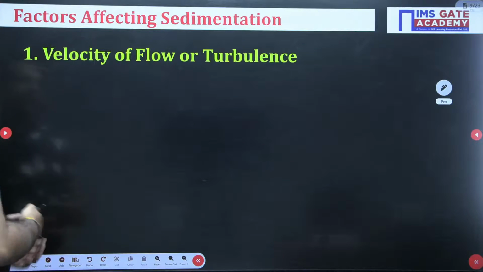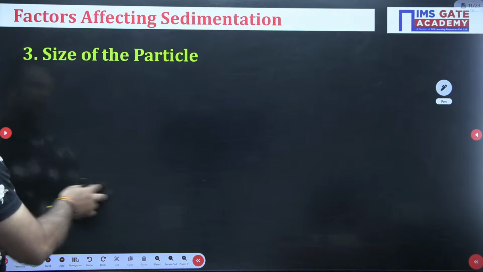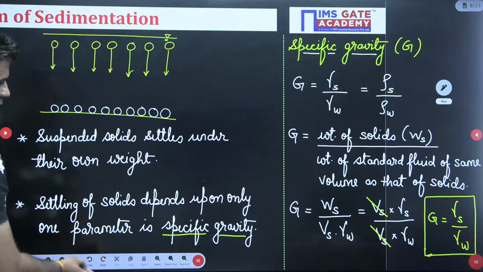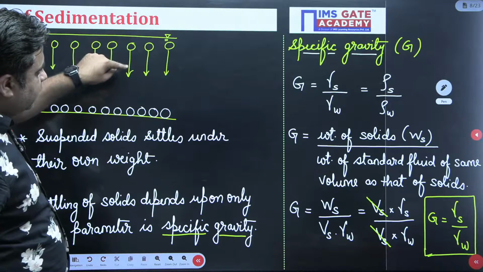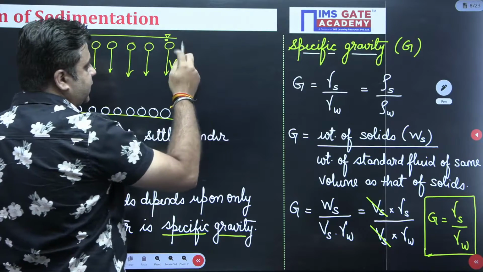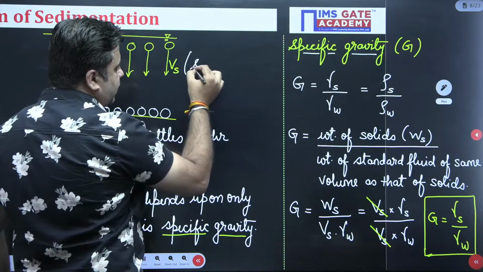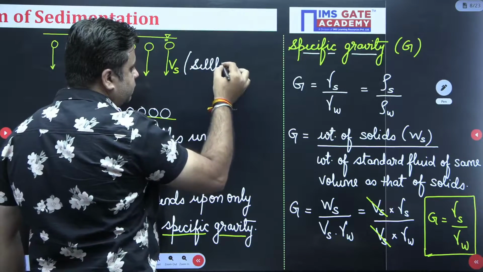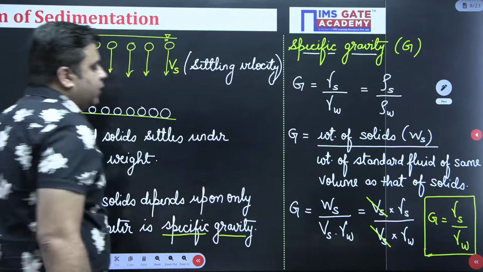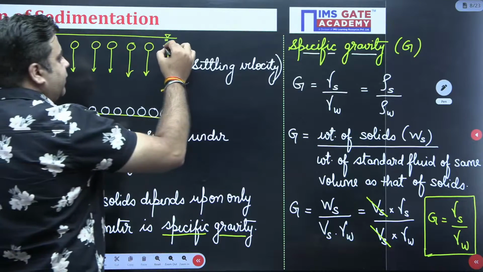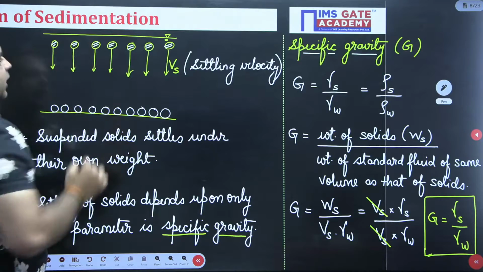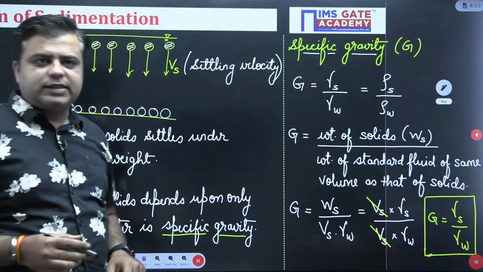Now next you have one more thing here. These particles will settle with a constant velocity, which is known as the settling velocity of the solids.